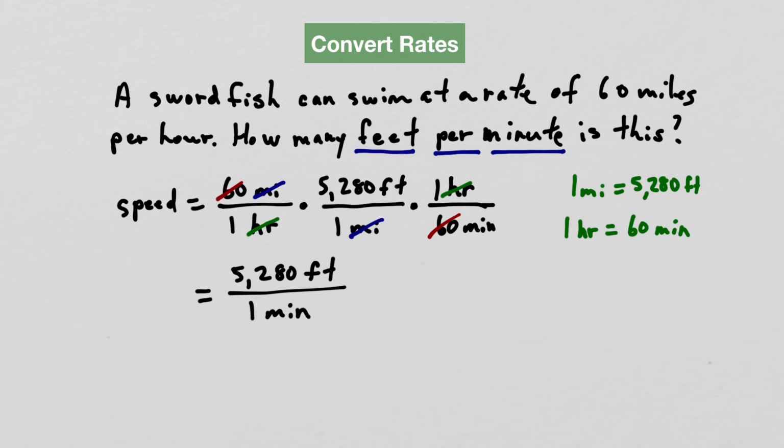We are to find out how many feet per minute this is. Lo and behold, we have feet per minute. So the answer is, when a swordfish swims at a rate of 60 miles per hour, it is the equivalent of 5,280 feet per minute.